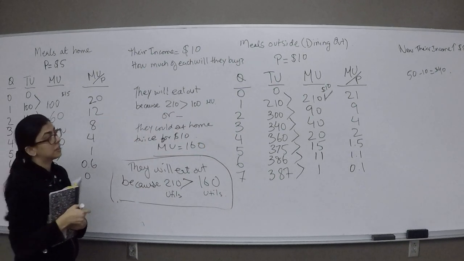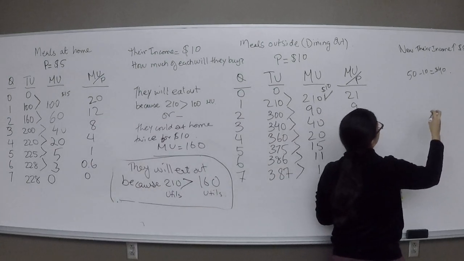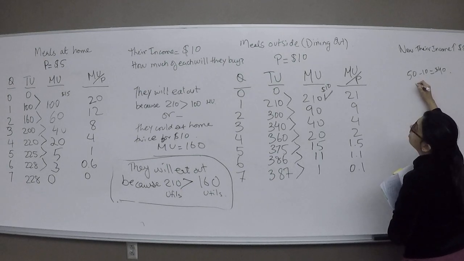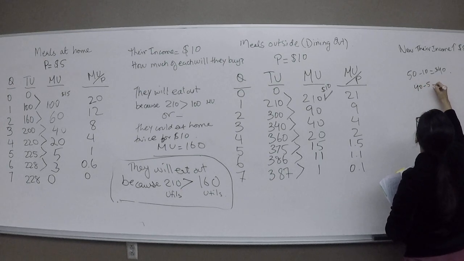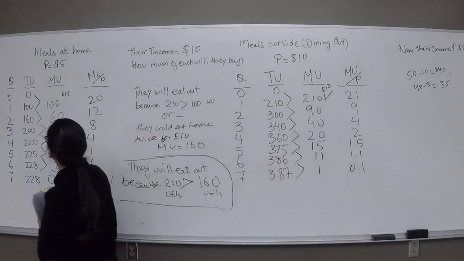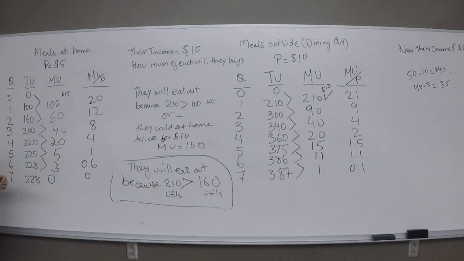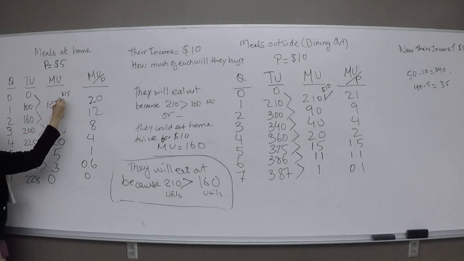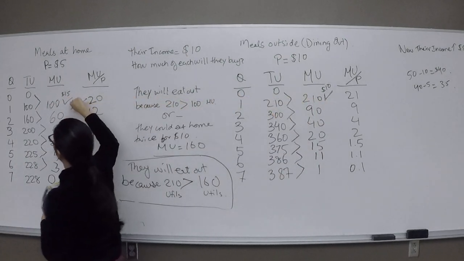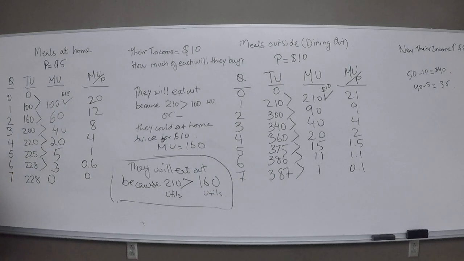How much is left? 40 minus 5 is 35, so you have $35 left. So far you have consumed one meal outside and the second meal was at home. Now for the third one.